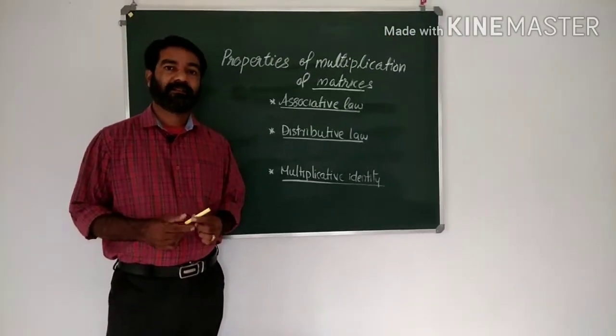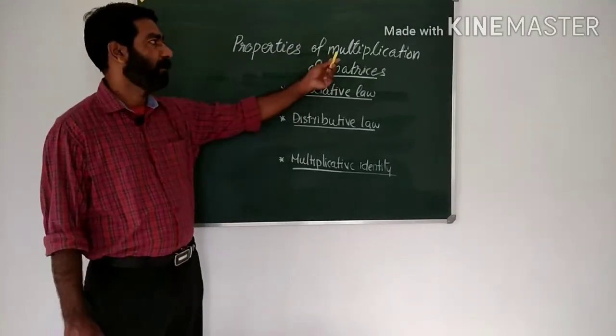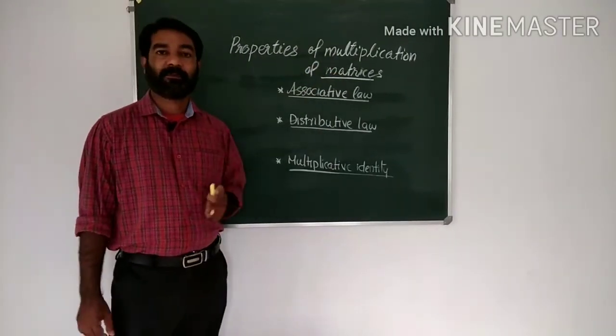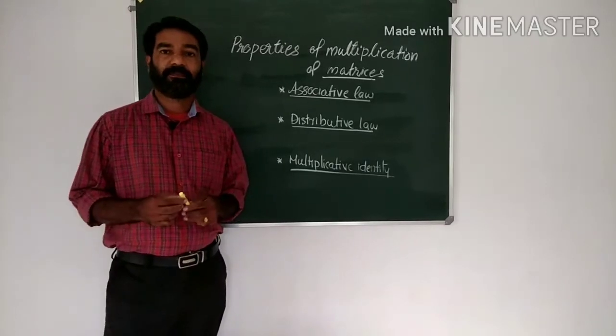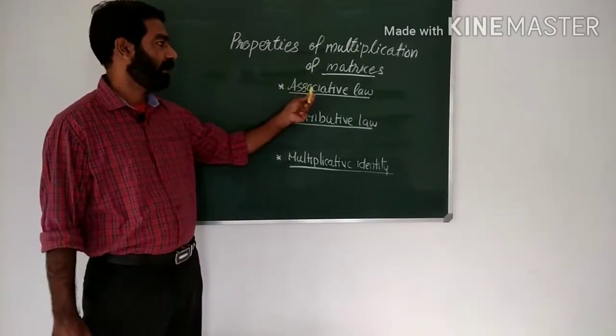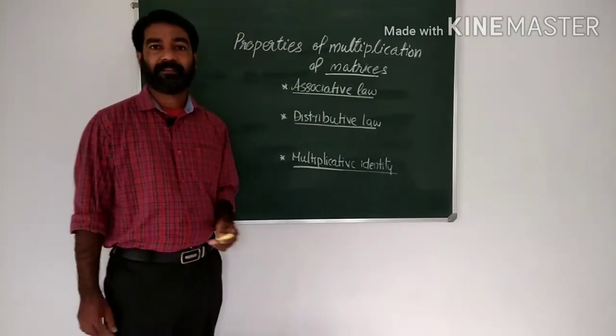Our next heading is properties of multiplication of matrices. The first property is the associative law.